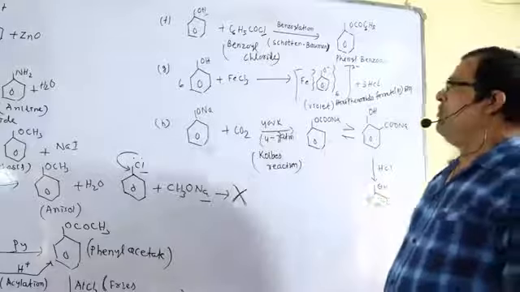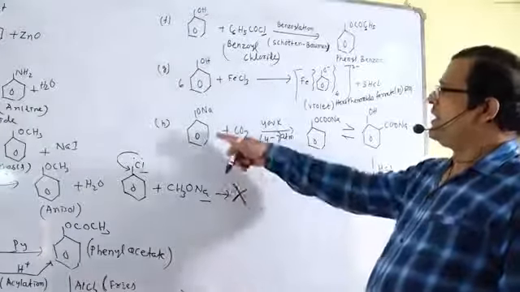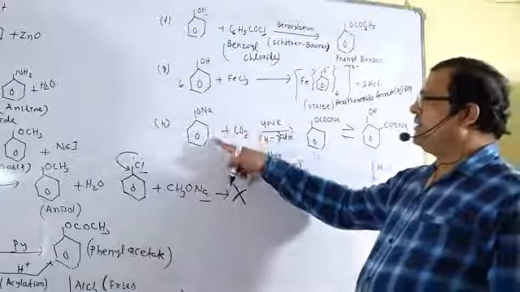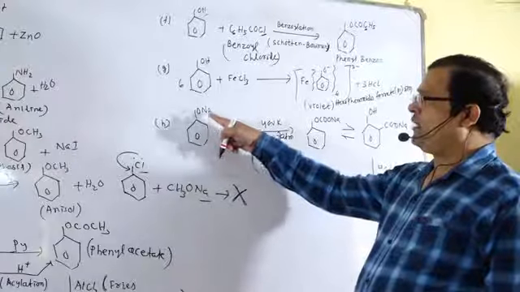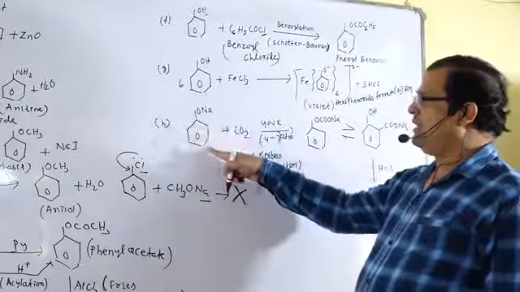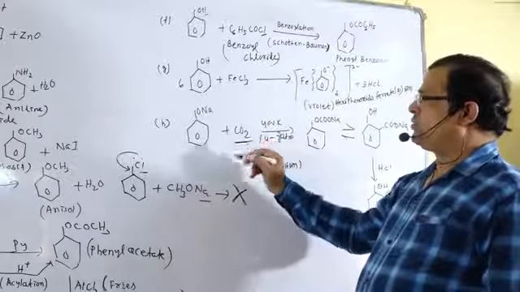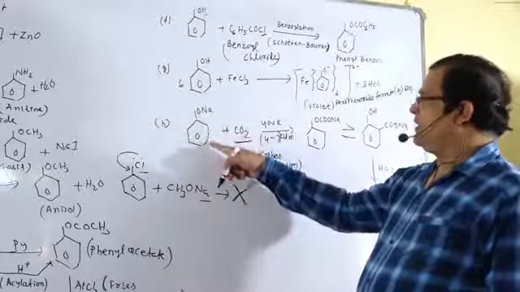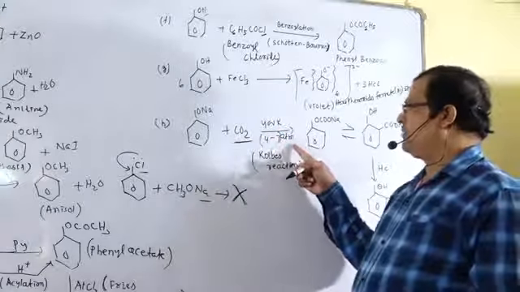So the next one is the Kolbe reaction. Benzene ring attached with ONa, that is sodium phenate or sodium phenoxide, is treated with carbon dioxide. Carbon dioxide gas is passed through sodium phenoxide at about 400 Kelvin, 4 to 7 atm pressure.